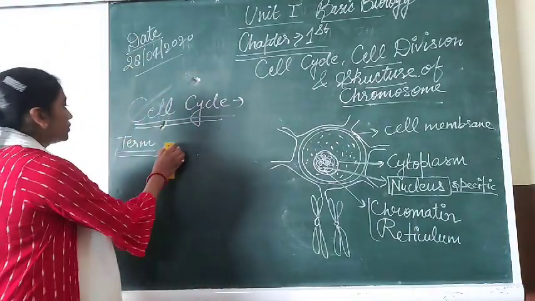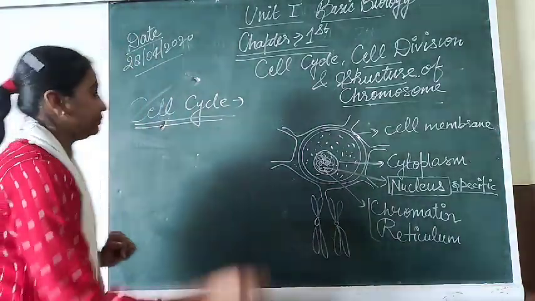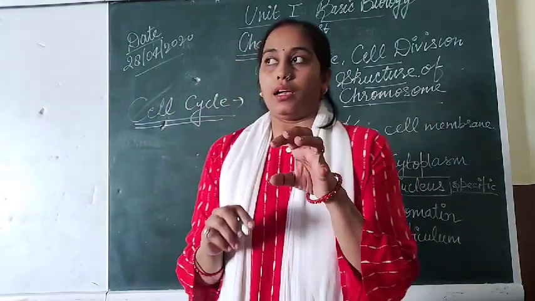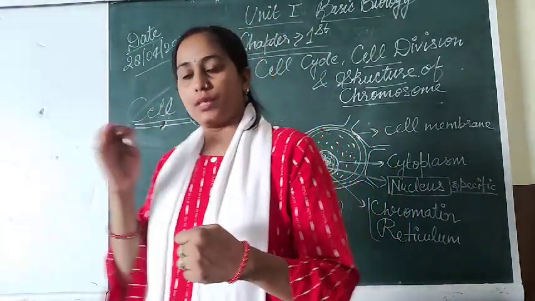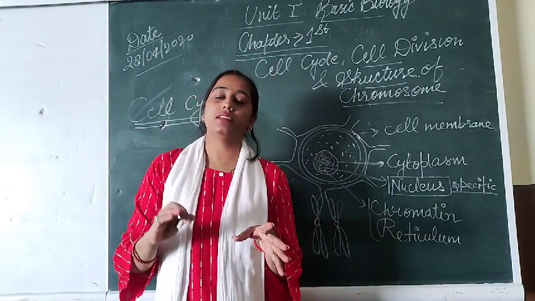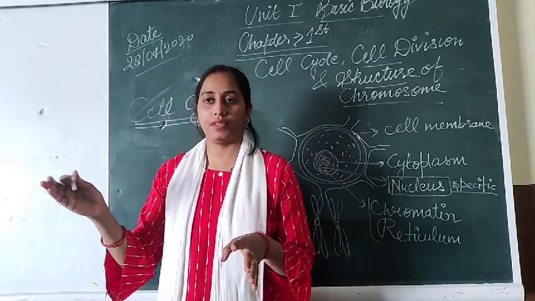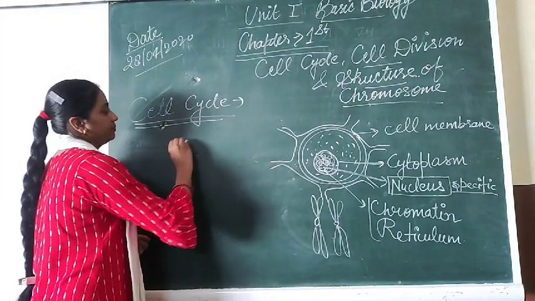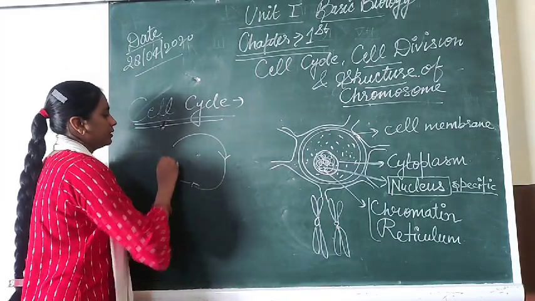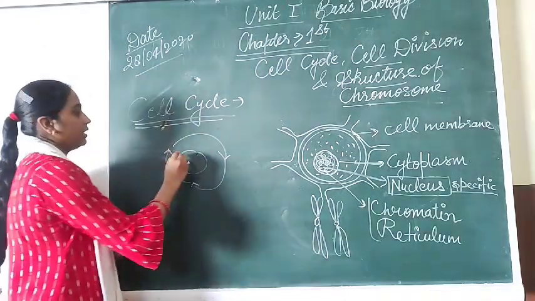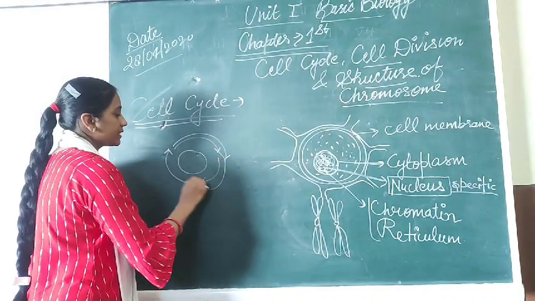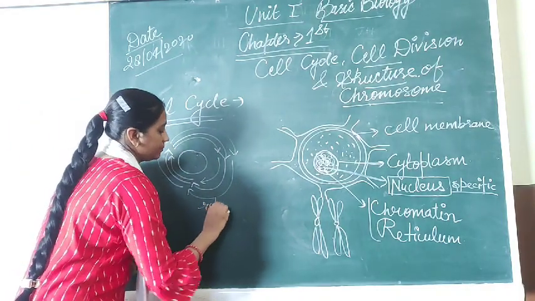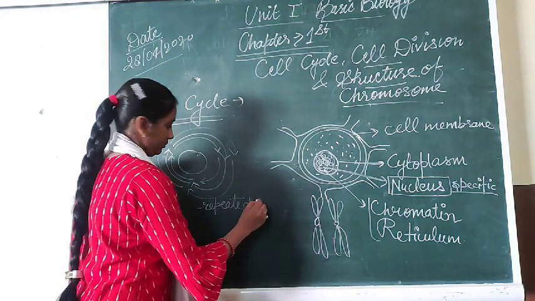Now, first of all, I would like to discuss what the cell cycle is. If we understand it with the help of a diagram, the cell cycle is again and again repeated. Any event repeating again and again till the process is completed is called cell cycle. Suppose it is a cell, and for its division a cycle is running on, repeated events.